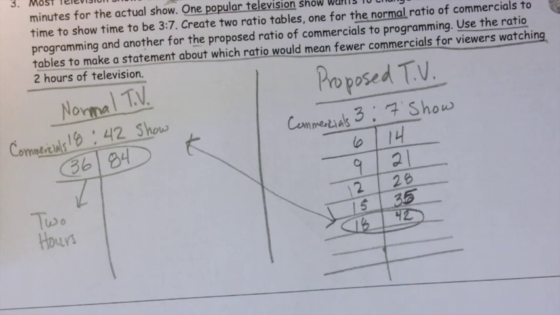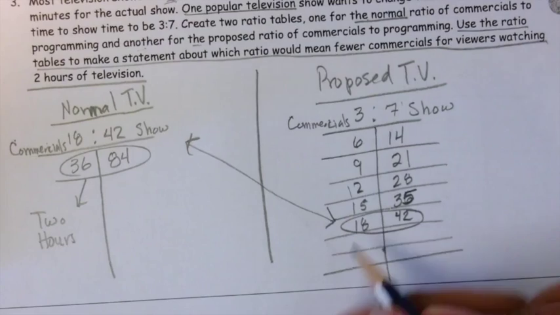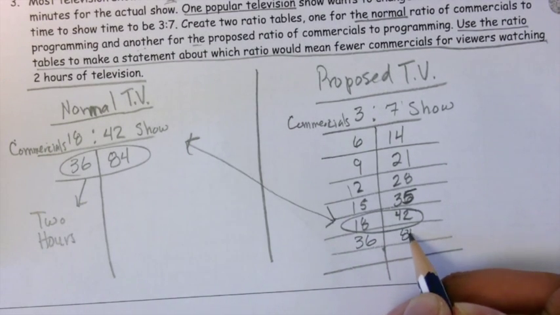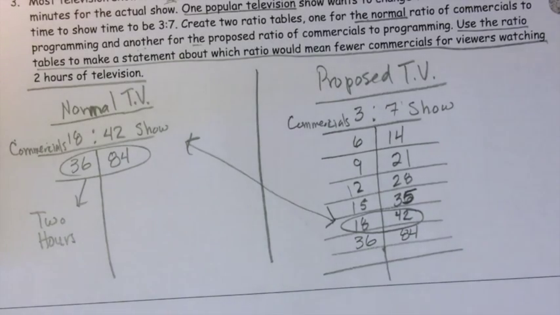So we need to do it again. Let's multiply this by 2. What's 18 times 2? 36. And 42 times 2 is 84. So this is what you would do. Like, haha, I caught ya.